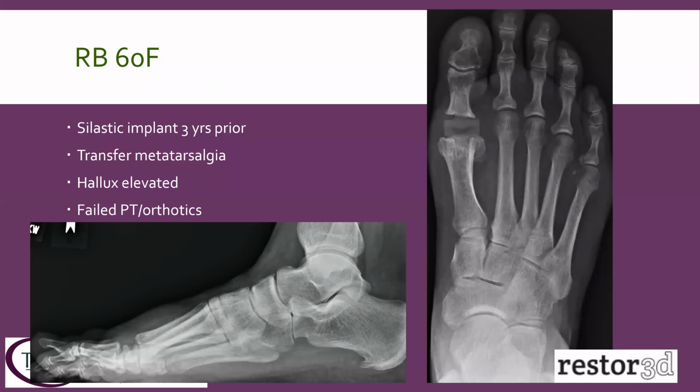Well, here's a really common indication, and I don't want to say that I would never do this, but I just see so many of them fail fairly quickly. This lady, healthy, great patient, had bilateral silastic implants for hallux limitus or rigidus about 3 years ago.